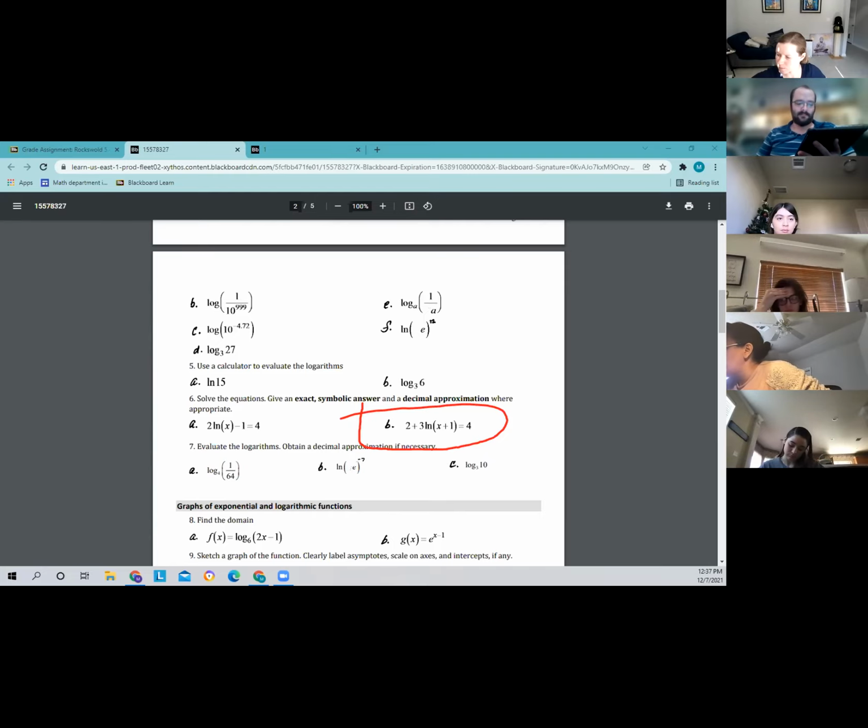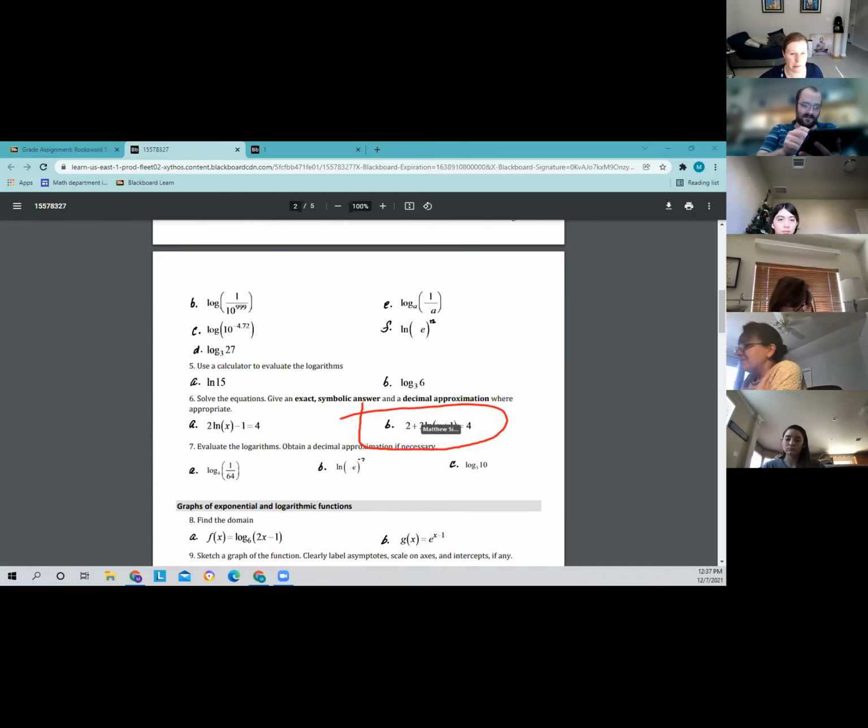We move the 2 to the other side, so 4 minus 2 is 2. I said it earlier, but if that's what's messing you up, look at your ln of x plus 1 like it's a big variable. How do I get that by itself? It's 3 ln of x plus 1 equals 2, so ln of x plus 1 equals 2 over 3.